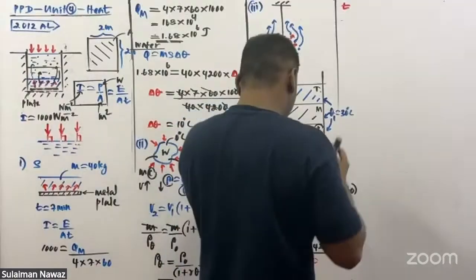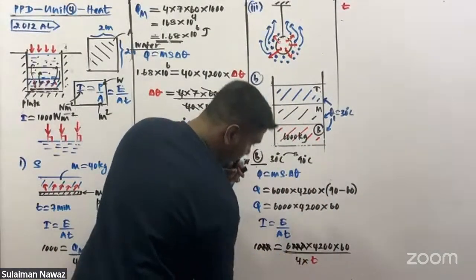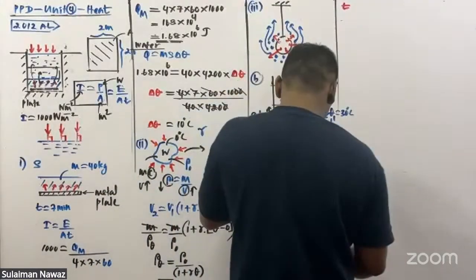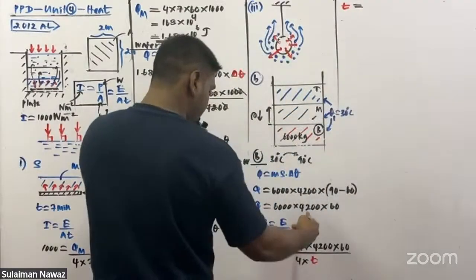Time is the subject. So time equals 6000 times 4200 times 60 over 4 times 1000. We can cancel out these three zeros, then I can say it is over 4.